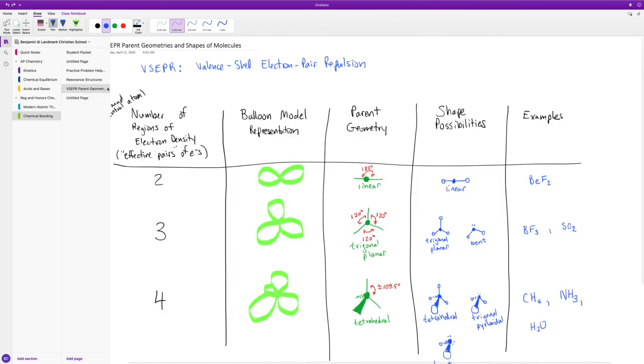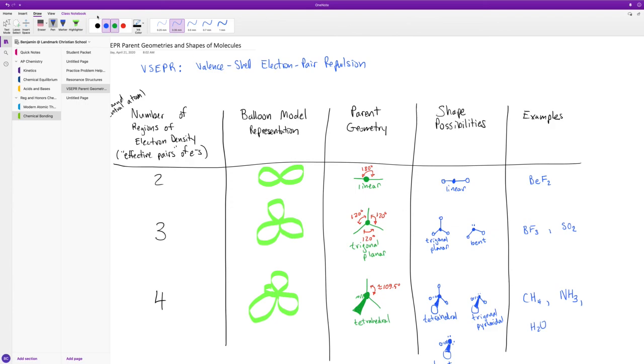Now, what's the difference between trigonal planar and bent? It's the lone pair. The shape of the molecule is determined by where the atoms are. Here we have 3 bonded atoms. These white atoms are bonded. And down here it's just 2 bonded atoms with a lone pair on top.